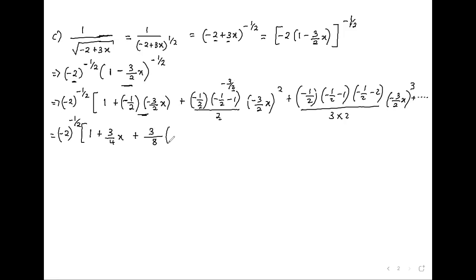And then -3 squared, we have 9 over 4x squared, and then -3 over 2 minus 5 over 2. So this 3 and that 3 will cancel. Negative, negative, negative, negative, so it will be plus, and then 5 over 2 times 2 times 2 times 2, we get 16. And then -3 to the power 3, that's 27 over 8, then x to the power 3.